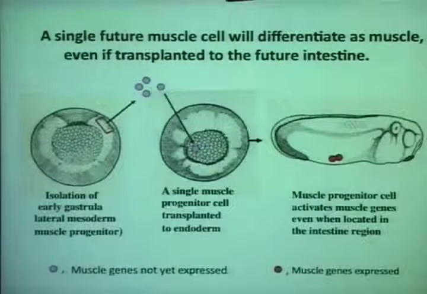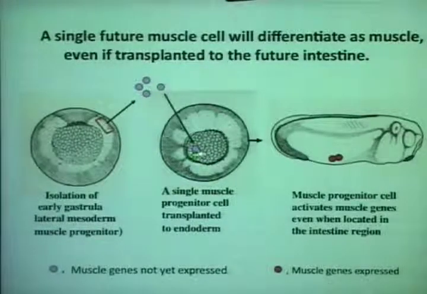And this experiment does that by taking a cell from this region of an embryo, and this is a cell which is going to be a future muscle cell, so it's a muscle progenitor, and it's transplanted, a single cell transplanted into the future gut region, endoderm, of an embryo.